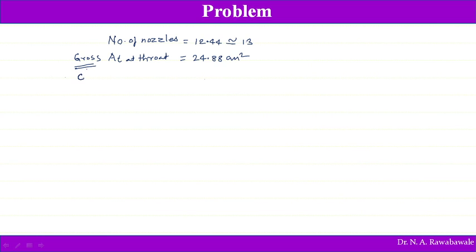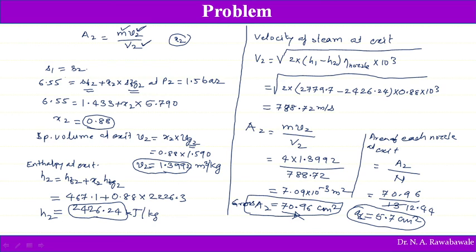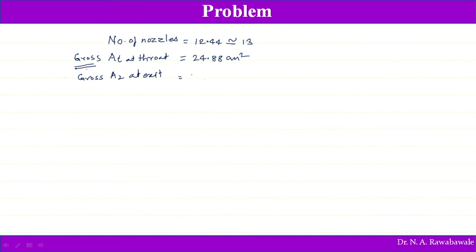Then gross area at exit A2 is given as 70.96 centimeter square.